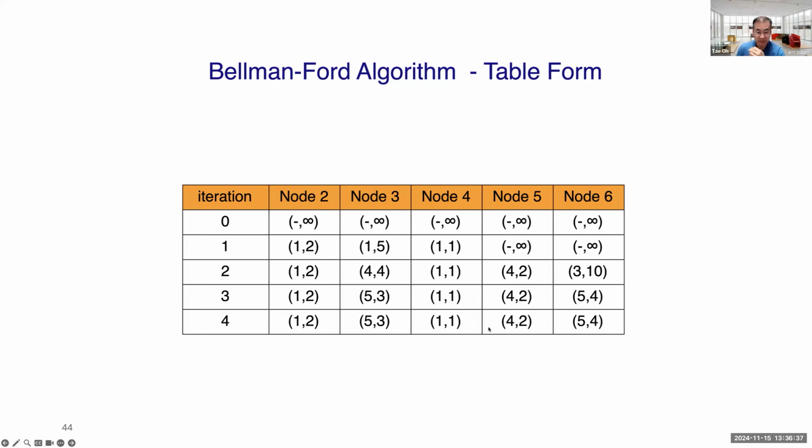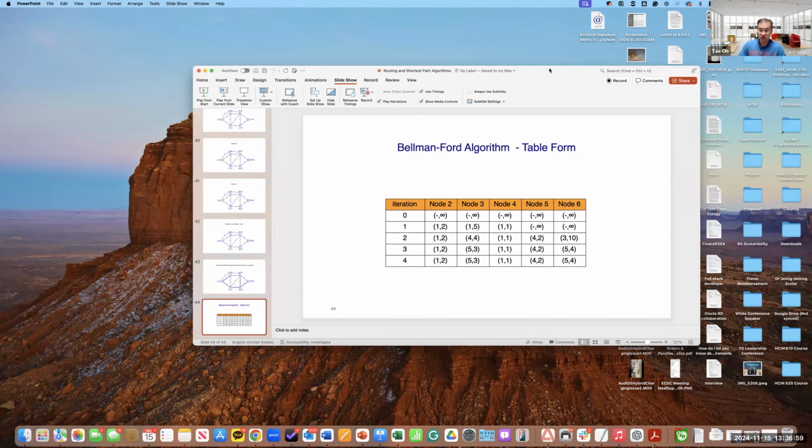There are other shortest path algorithms, but this is a fundamental shortest path algorithm that each one of you should know. In the industry, in commercial use, the Dijkstra algorithm is still widely used. So that's it for the spanning tree.